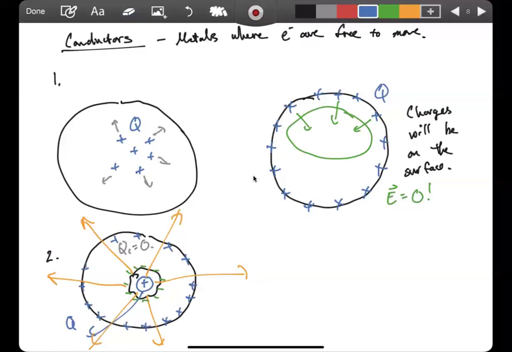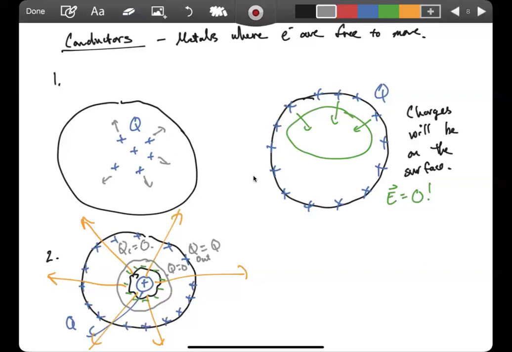So all the negative charges will be attracted to the positive charge on the inside. If I look at the charge here, the negative charges are going to shroud the positive charge, which means around here my total charge is going to be equal to 0. But on the outside, my total charge, which I'll call Q out, is going to be equal to the original charge on the inside.